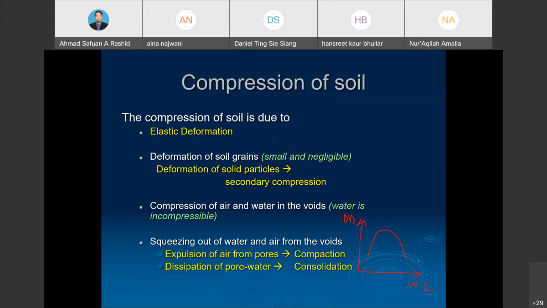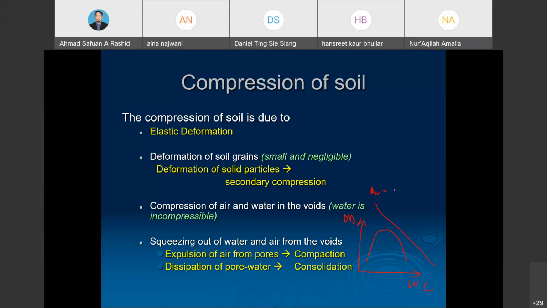Then, okay, in order to ensure that your compaction testing is following the standard procedure, or you gain a standard result, you need to draw what we call the zero air void curve.